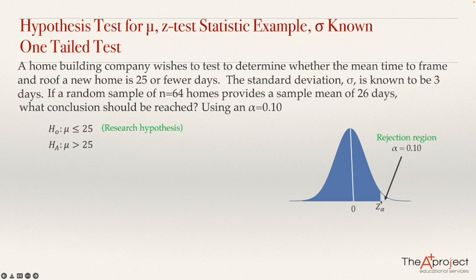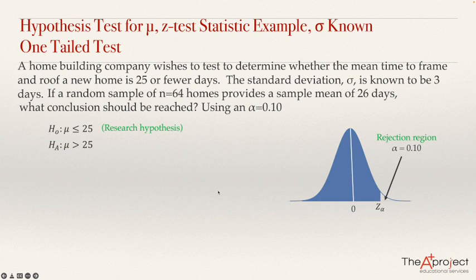For example, if you have a table that has the areas to the right, find what value of z has 0.90 to the left. Or if you have a table that has only the areas until the center of the distribution, you can find what value of z has an area equal to 0.40. Because if this is 0.10, this one here will be 0.40.